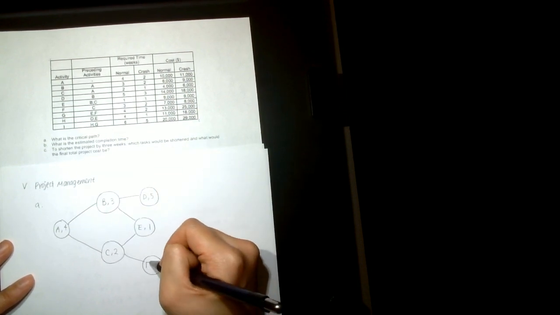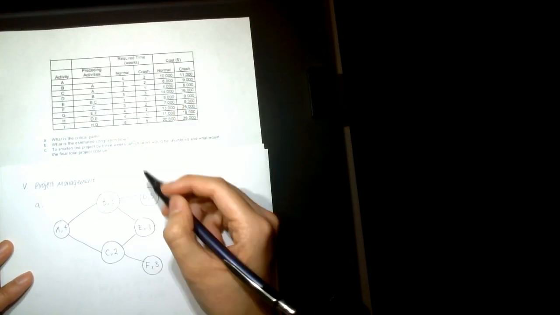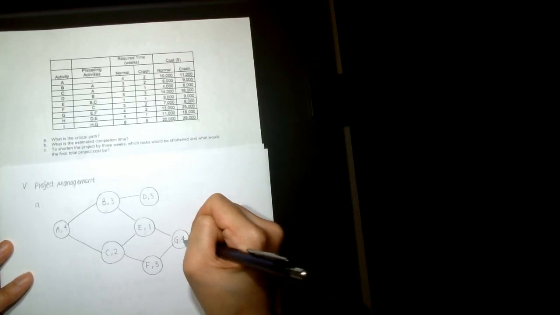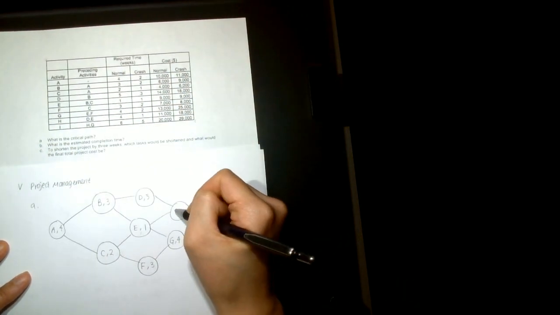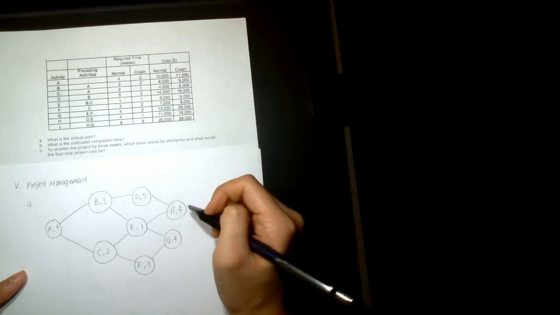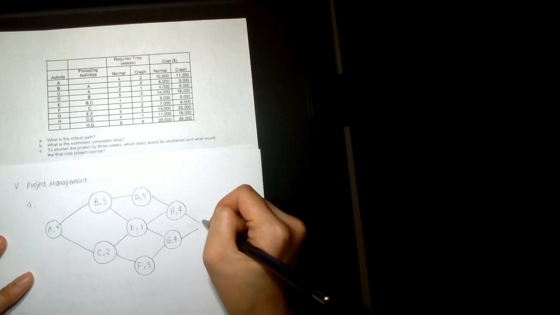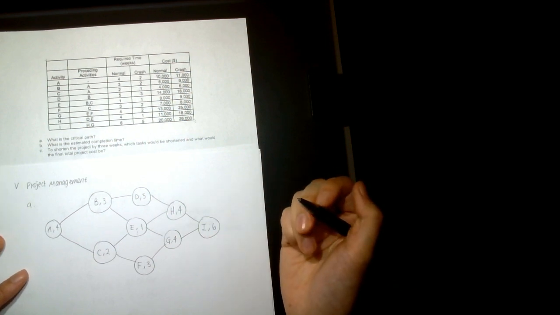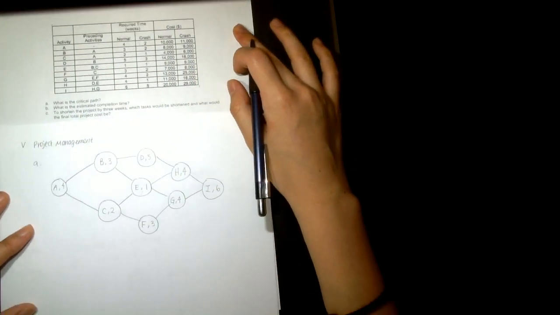F is just preceded by C, and it takes 3 weeks. G is preceded by E and F, and it takes 4 weeks. H is preceded by D and E, taking 4 weeks as well. And then finally we have I preceded by H and G, and it takes 6 weeks. So that's just the diagram for this project.